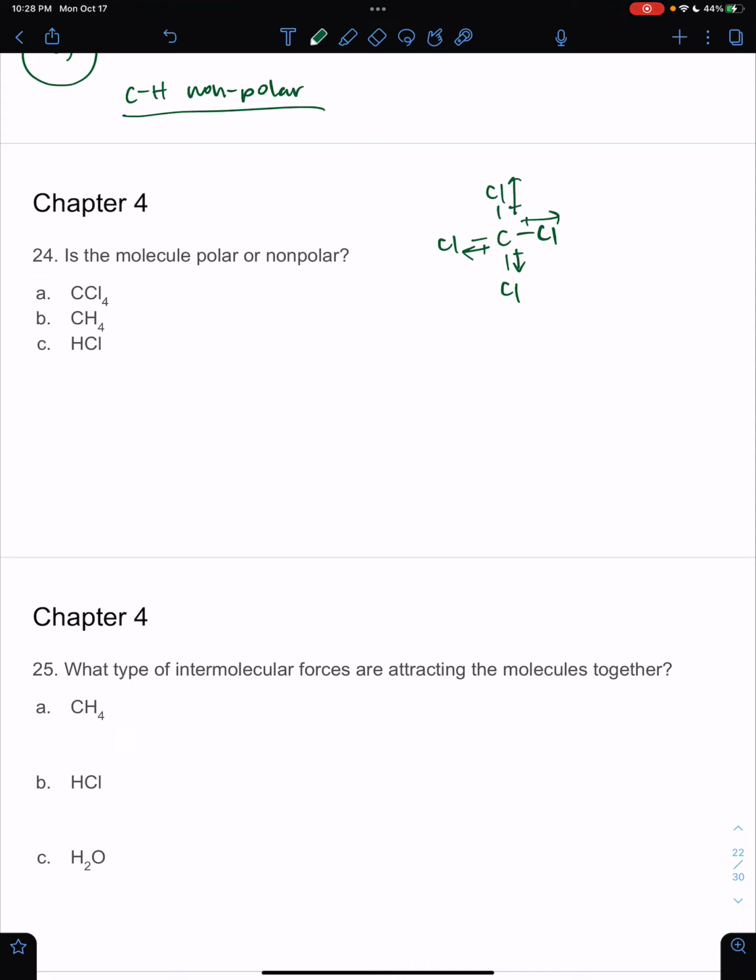So we know that they're all equal. They're all pointing oppositely from each other. So this one's going to cancel with this one. This one will cancel with this one, leaving you with 0 net dipole. So this one is going to be non-polar, even though each individual bond is polar, they cancel each other out.